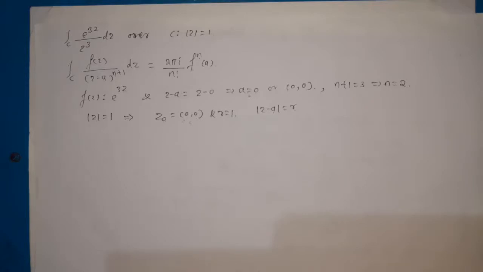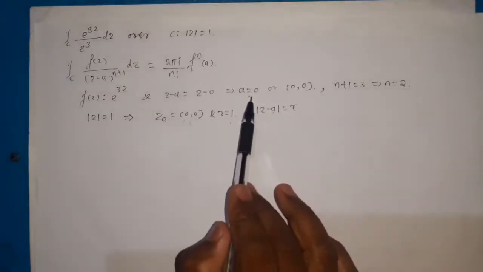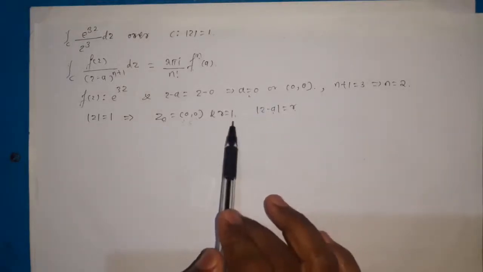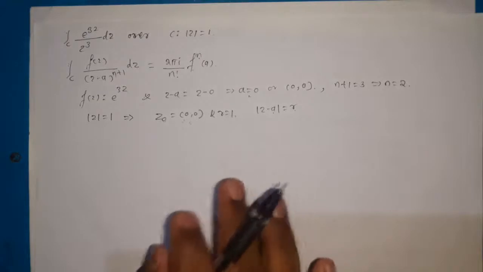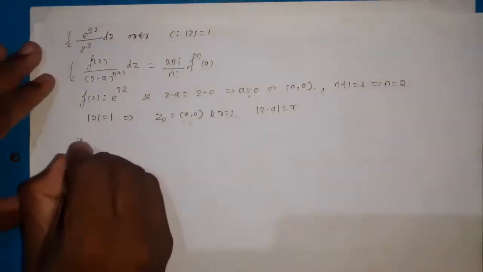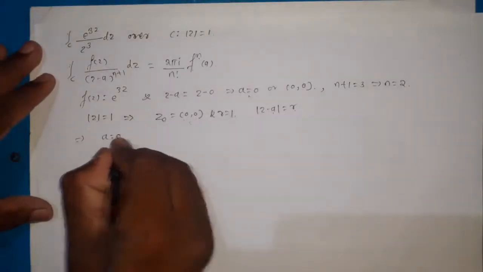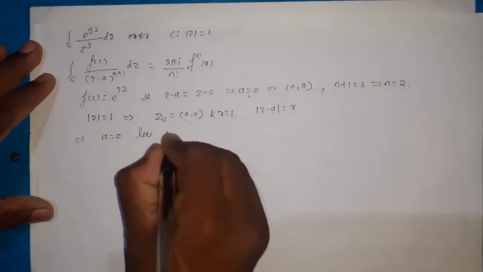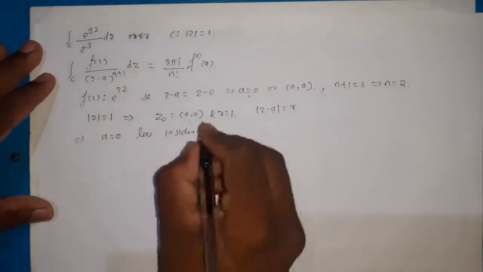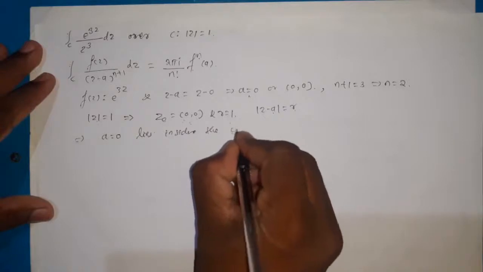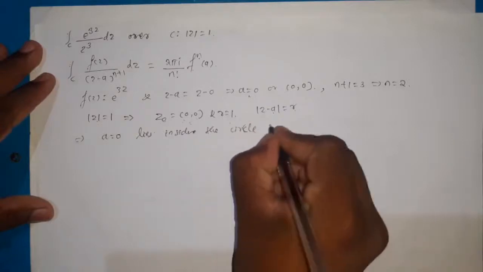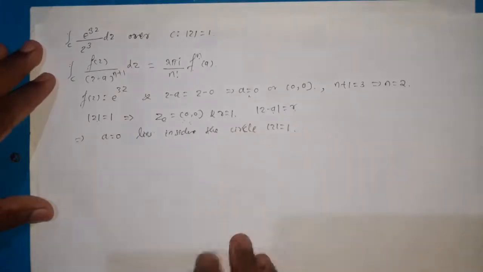Therefore already we know that a is equal to 0 and 0 is less than 1. So therefore the point a equal to 0 lies inside the circle mod z equal to 1.